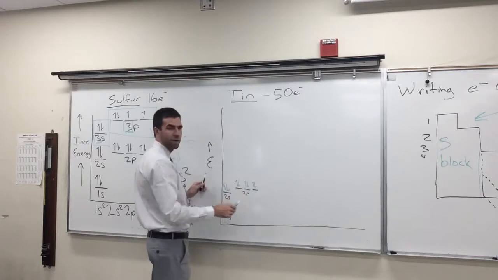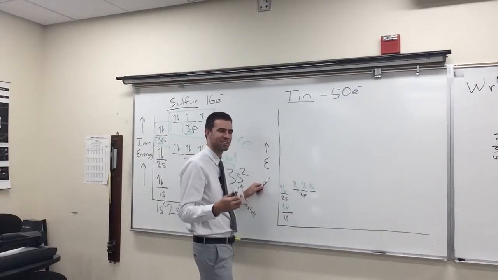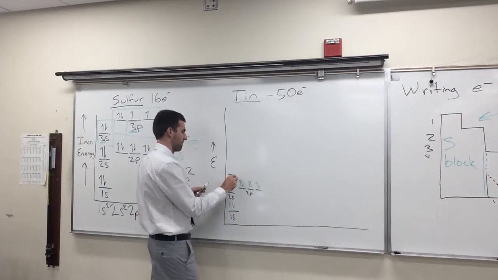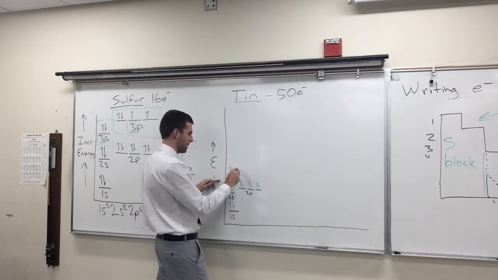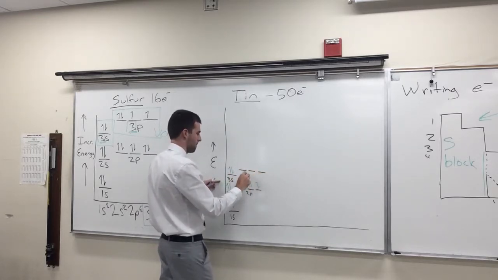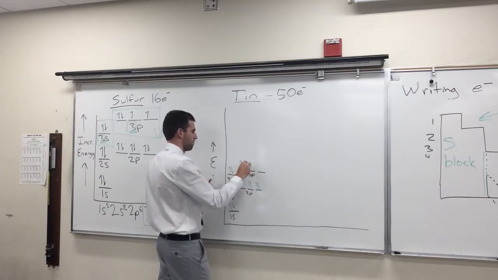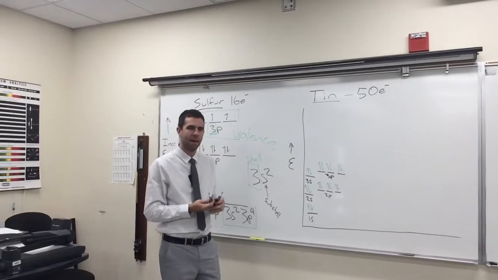I cheated. I should have put one arrow in each one. I'm sorry. Then paired them. Forgive me. Okay, what's next? Now what's next? 3p. Whew. Man, I'm getting tired.